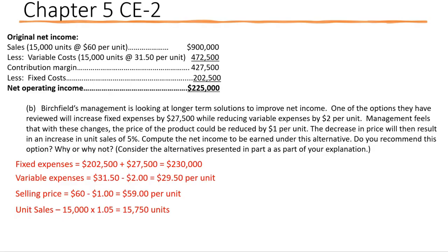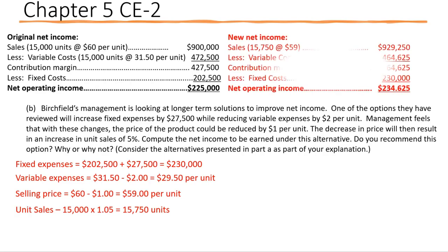Now that we have this information, we can create an income statement again. So I'm going to put it up next to our original so we can see the difference. Net sales are the 15,750 units times the new selling price of $59. Variable cost, 15,750 units times our new variable cost of $29.50.